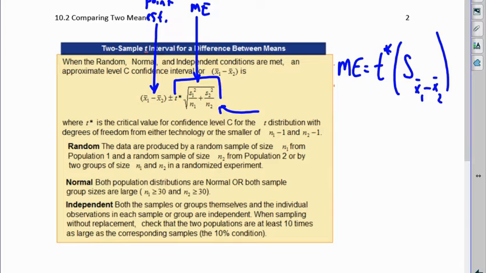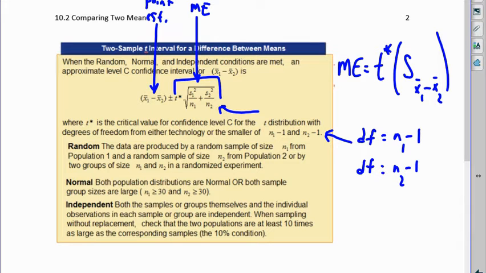Okay. So the degrees of freedom, if we're doing it by hand, we're just going to go with the smaller of the degrees of freedom from the first sample group and the degrees of freedom from the second sample group.